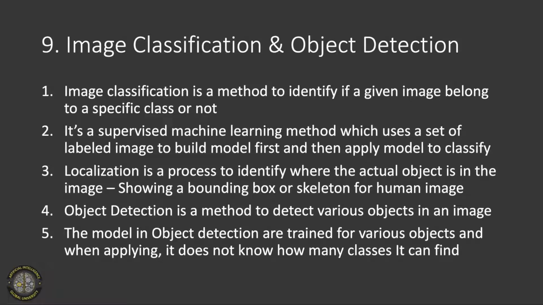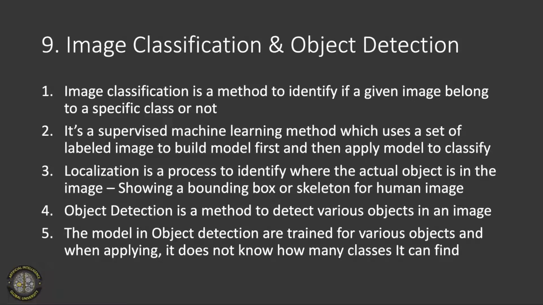So there could be other ways to expedite this whole process, and that's where the concept of object detection comes in. In object detection, the model is trained for various classes, and when the scoring is done, it doesn't really know how many classes are there, but it tries to identify everything at very fast speed, and identifies whether it's found a boat, a flag, a car, this, or it didn't find.